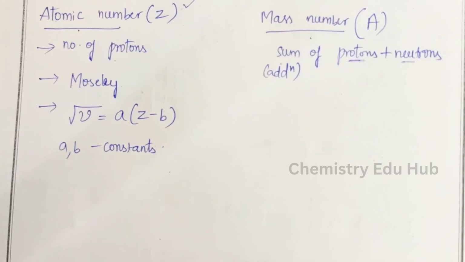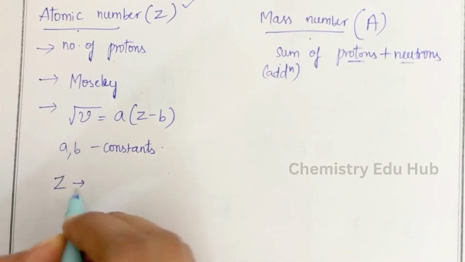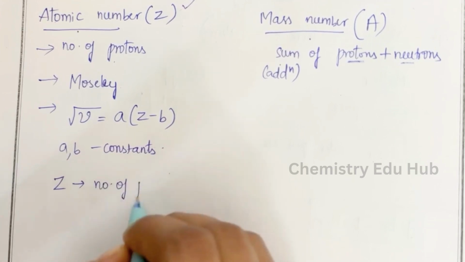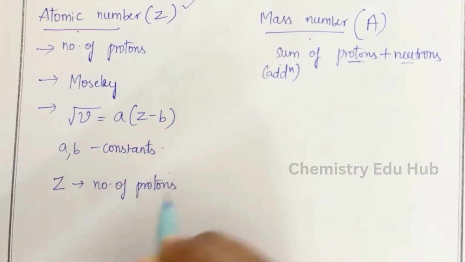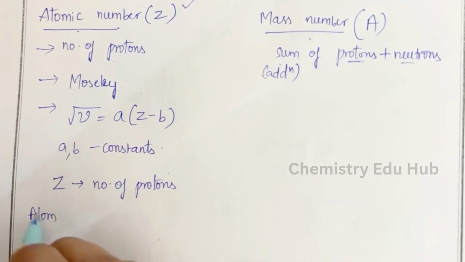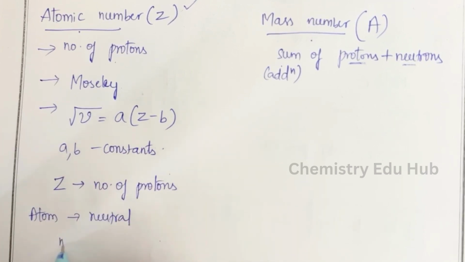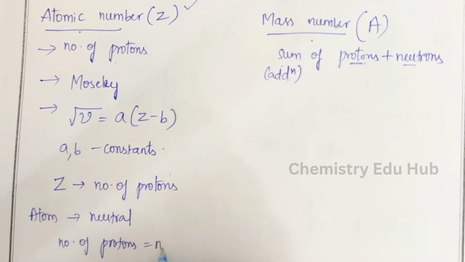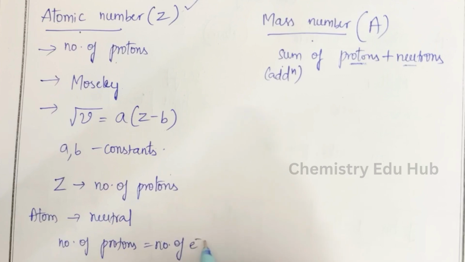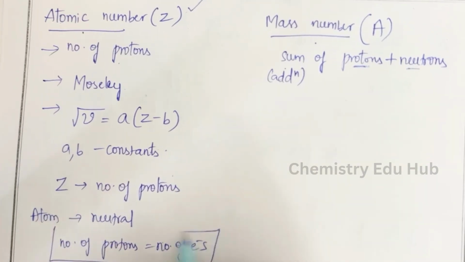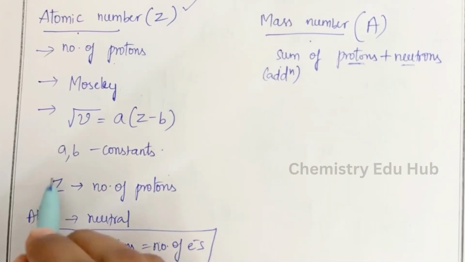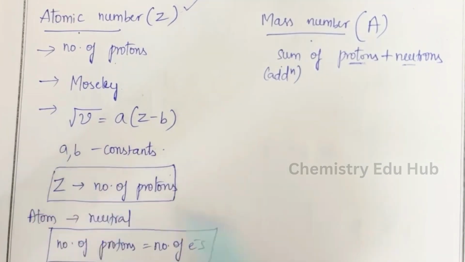So Z is nothing but the number of protons. Since an atom is neutral and has no charge, the number of protons is equal to the number of electrons, and Z is the number of protons.